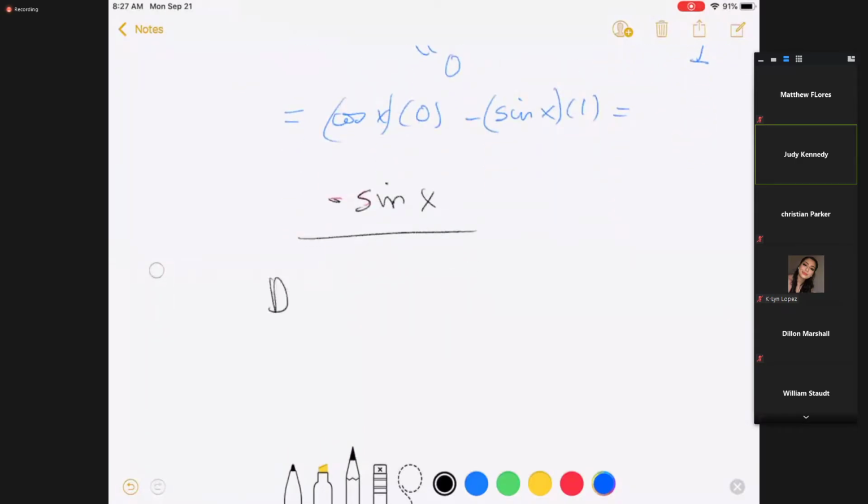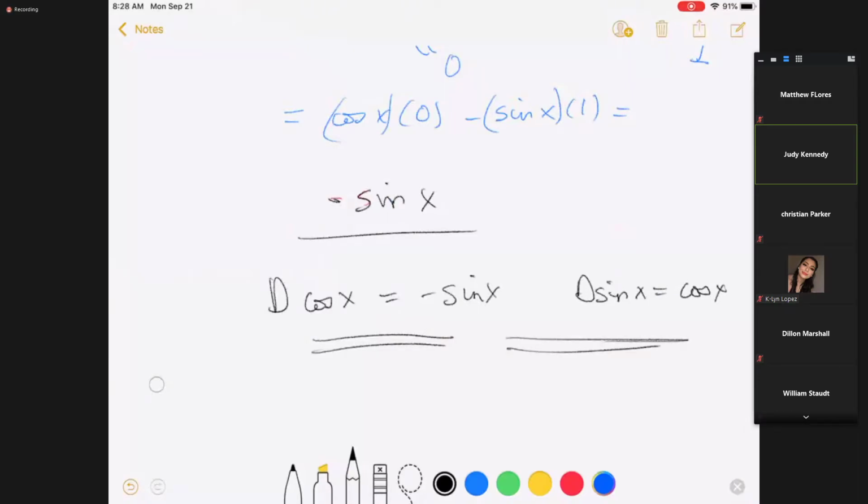So the derivative of the cosine of x is minus the sine of x, and the derivative of the sine of x is the cosine of x. And we've almost proven this. We just had to accept one thing, that the limit as x goes to 0 of sine of x over x is equal to 1. Does anybody have any questions at this point?